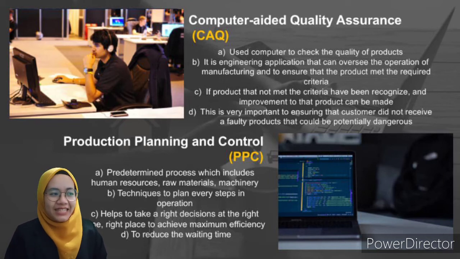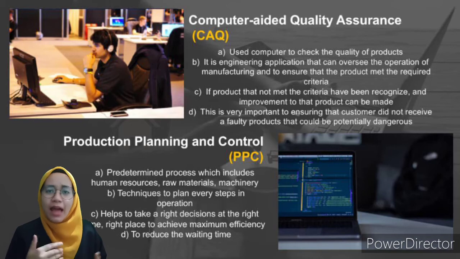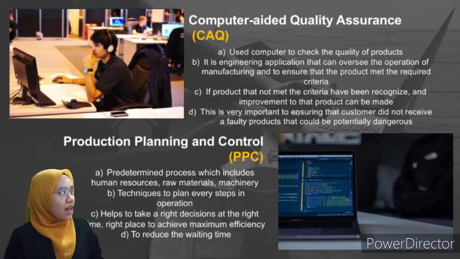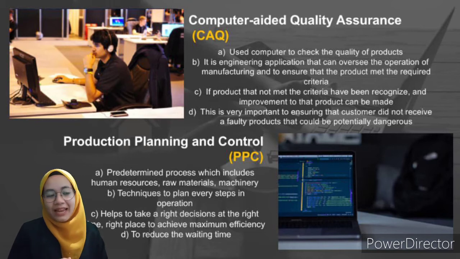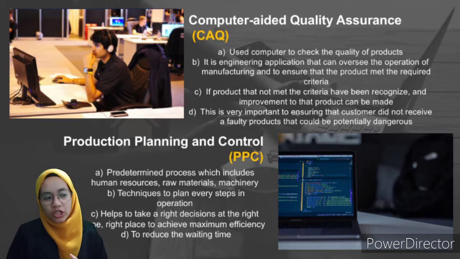The next one is production planning and control, or PPC. So what is PPC? PPC is a predetermined process which includes human resources, raw materials, machinery, and so on. It is a technique to plan every step in operation, and it helps to make the right decision at the right time and the right place to achieve maximum efficiency.